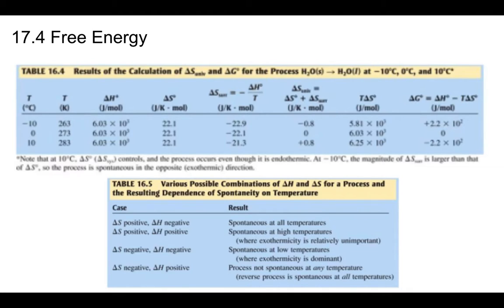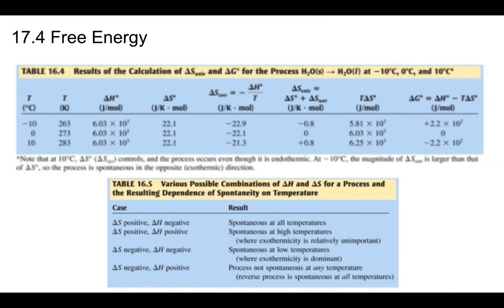So if you wanted to do the math on that, you could take your delta H, 6.03 times 10 to the third, and divide it by 263, and you will get your negative 22.9 back.